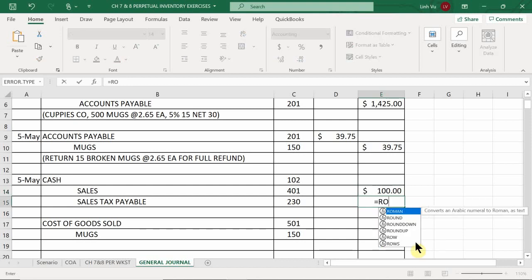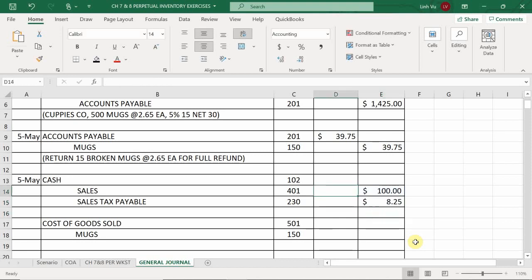Okay. How much tax am I going to charge? 8.25. Good. Which gives you a total amount of what? 108.25.